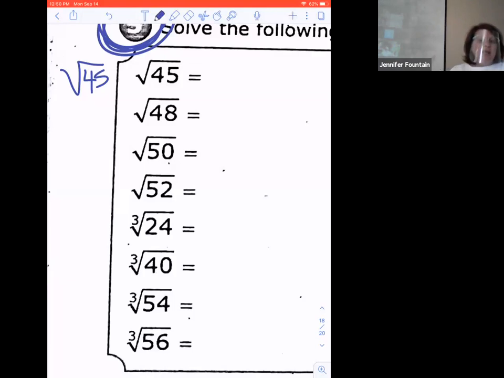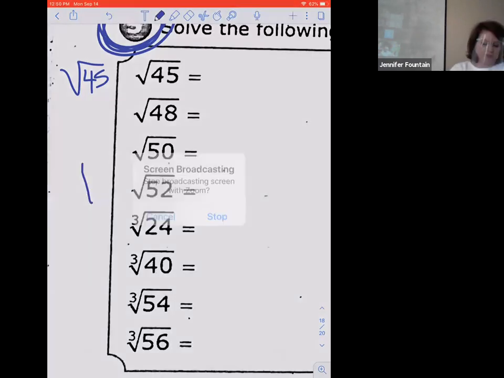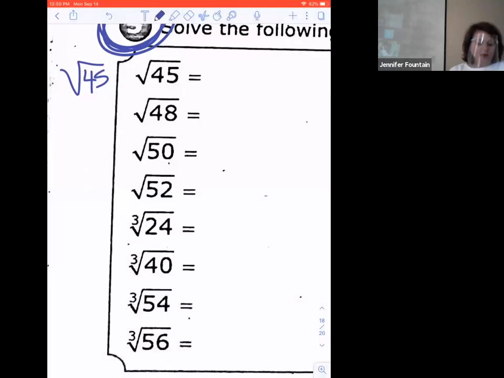Now, the other part of it is going to be this little area right here. And we talked about when it's empty, when it's not written, we understand it to be what number? We understand it to be a 2, that it would be a square root. But notice down here, there's a 3.